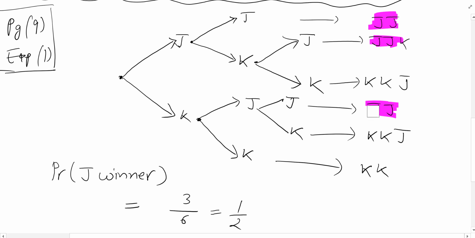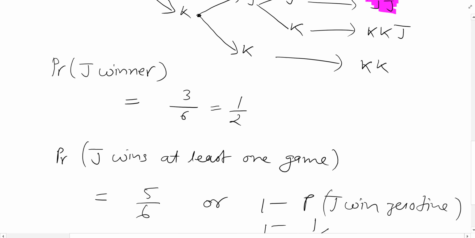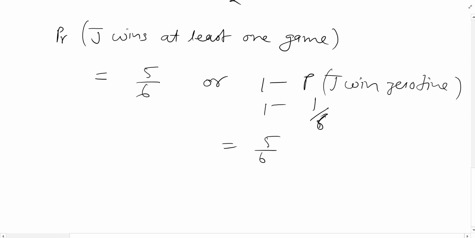Not that one, this one and that one. Yeah, that's right, in a row. So the probability that Jennifer wins in a row is these 2 cases. So 2 out of 6, which is 1/3. Okay. I think it's understood, right?